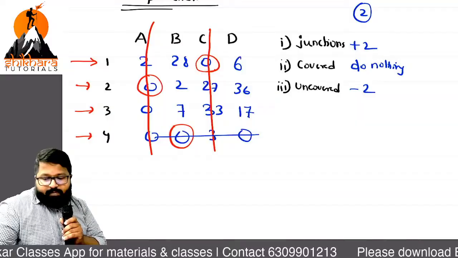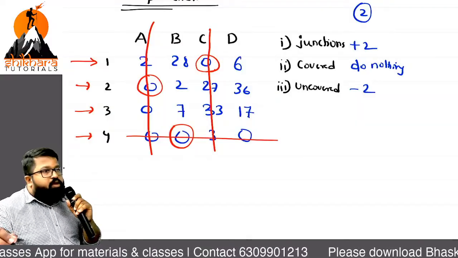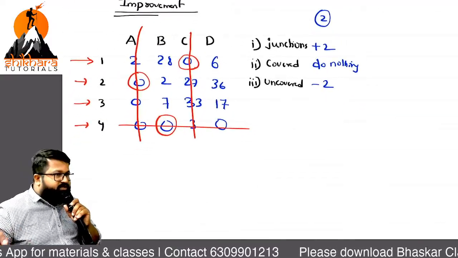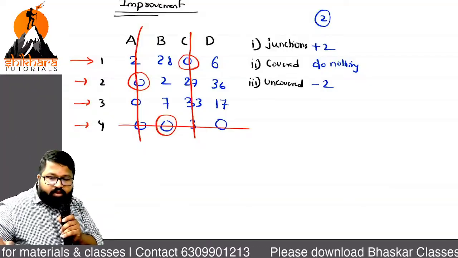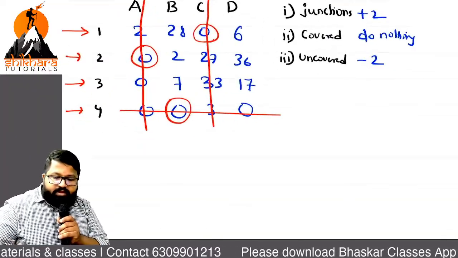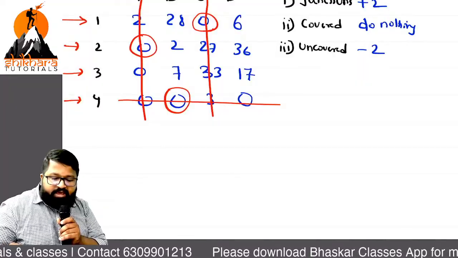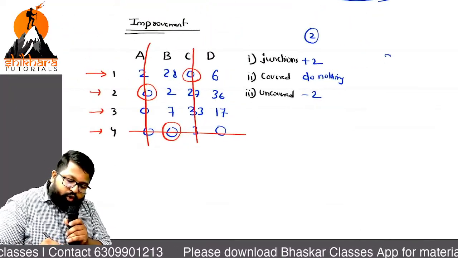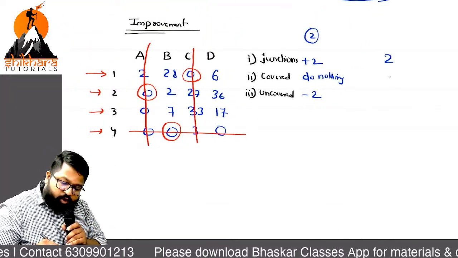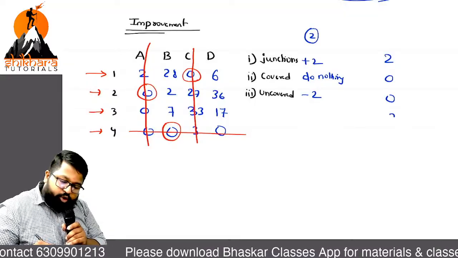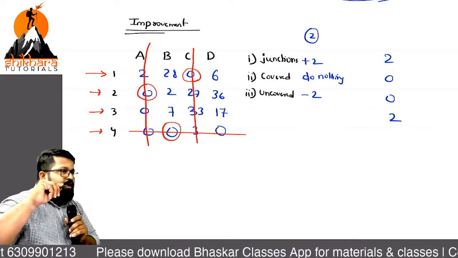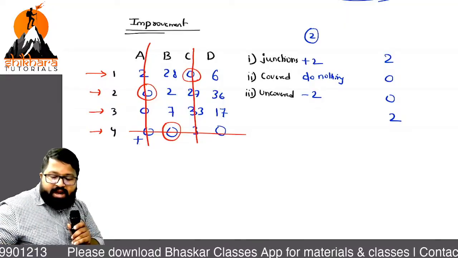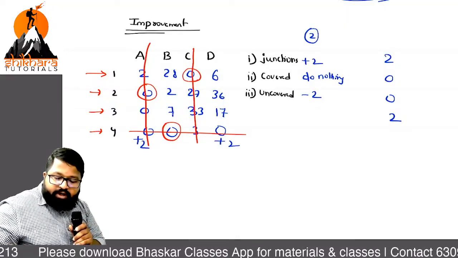Clear? So now, what is the resultant new matrix after improvement? After improvement, I'm forming the new matrix here: 2, 0, 0, 2. Is that column clear now? At junctions, I added 2. Here I have to add 2 and here I have to reduce.